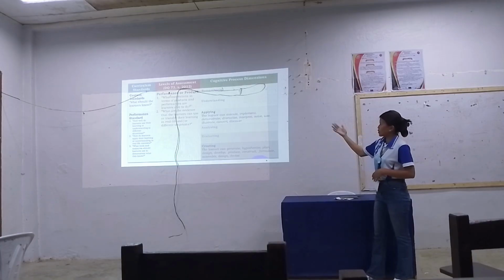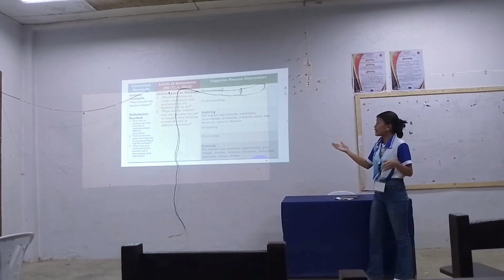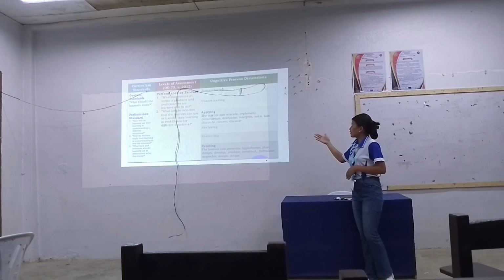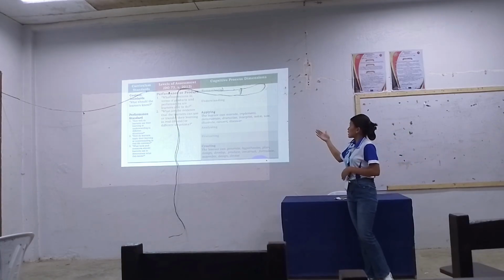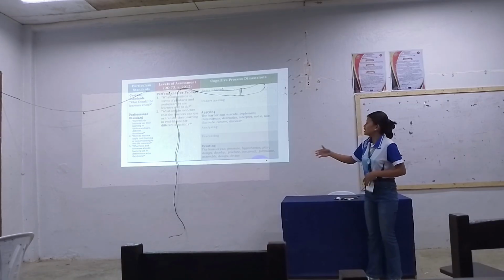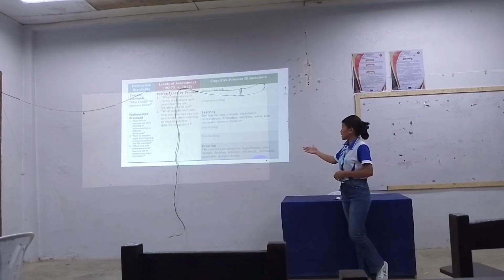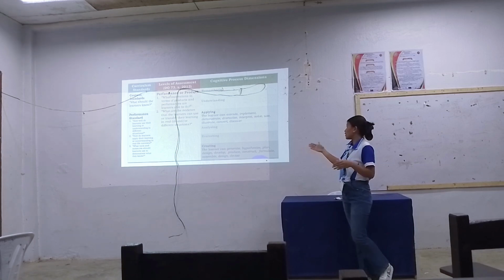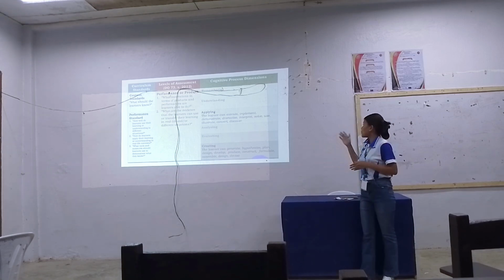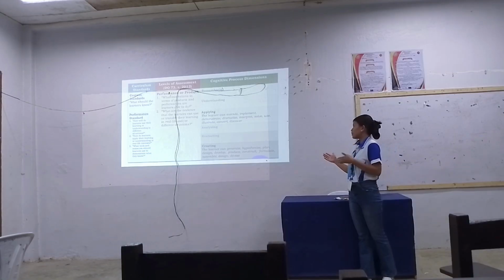So in the performance standard, in the cognitive process dimension, the learner can execute, implement, demonstrate, dramatize, interpret, solve, use, illustrate, convert, and it falls to the higher order thinking skill, creating. So the learner can generate, hypothesize, plan, design, develop, produce, construct, formulate a simple design or device.